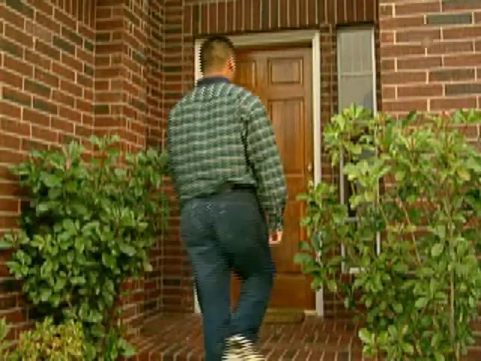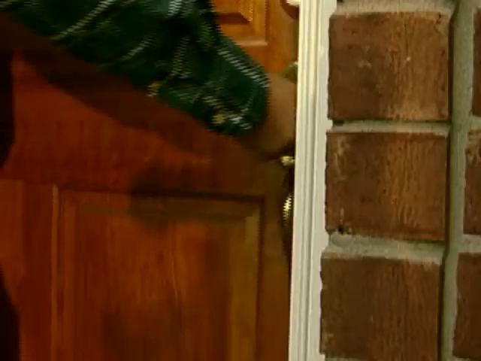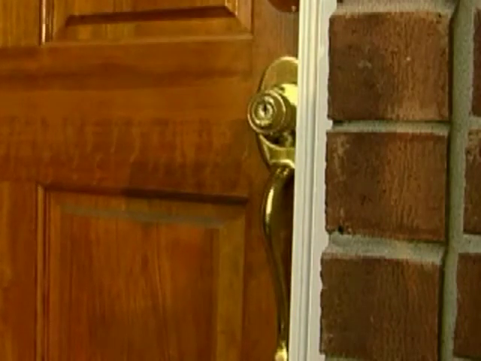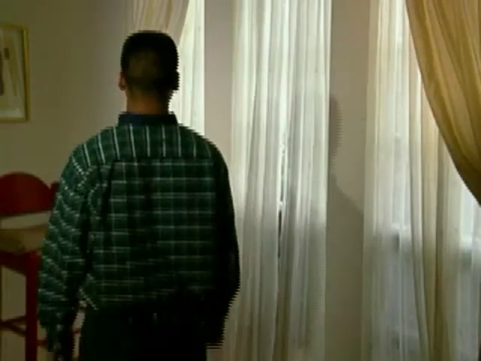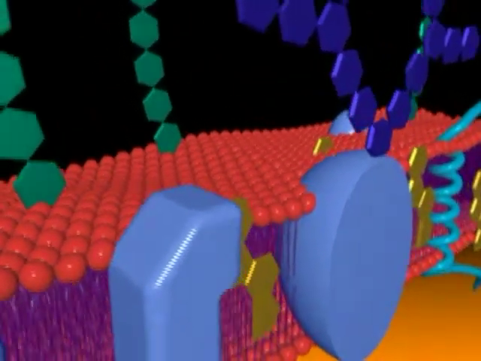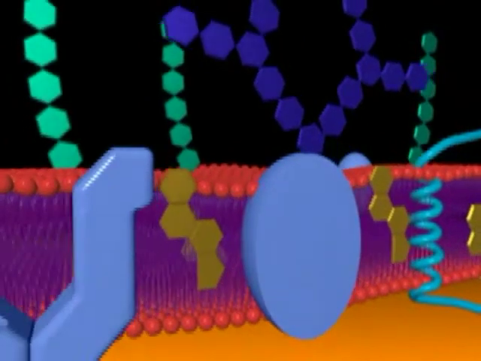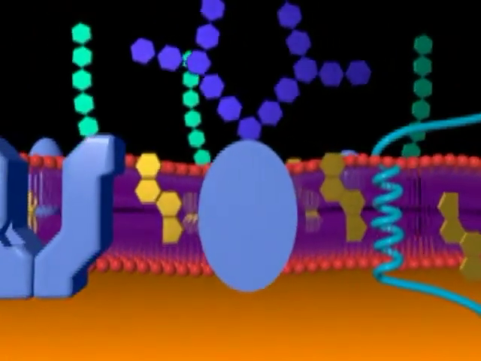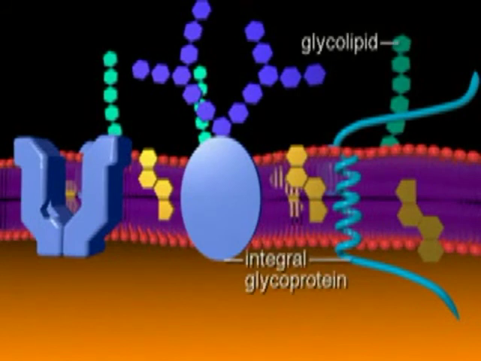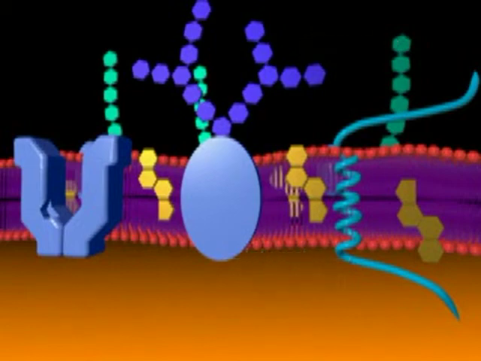Like the walls of a house or building separate the interior from the outside world, the cell membrane is a barrier that separates the contents of the cell from the external environment. Cell membranes are a mosaic of protein and lipid molecules, both of which can drift from place to place within the membrane. Most of the surface area of the membrane consists of a type of lipid called phospholipid.